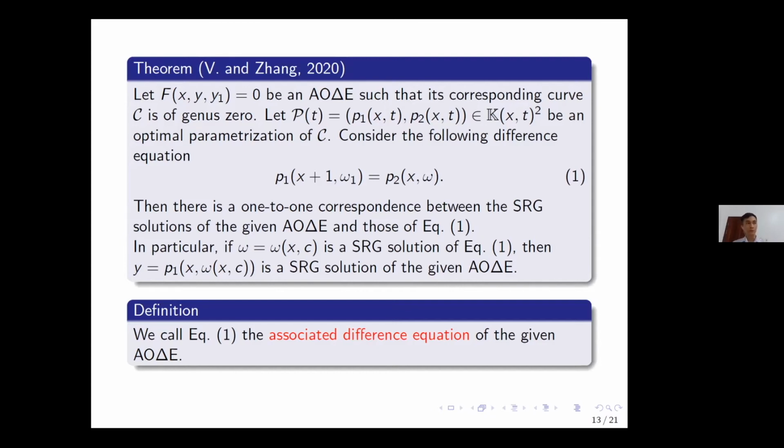For the differential case, the problem of finding strong rational general solutions of general first order non-autonomous equations is completely solved. There is no open question anymore for the differential case.